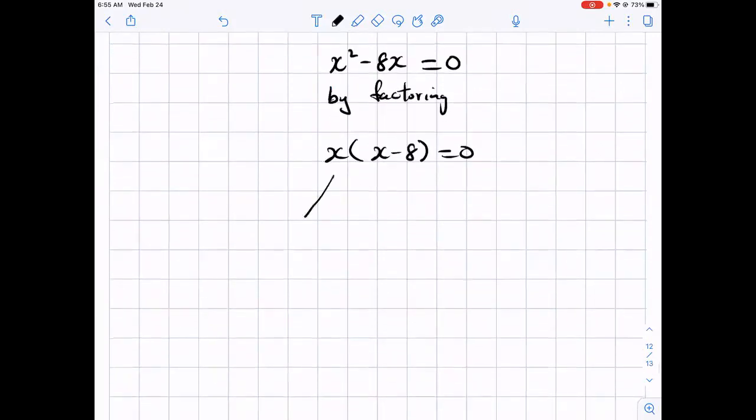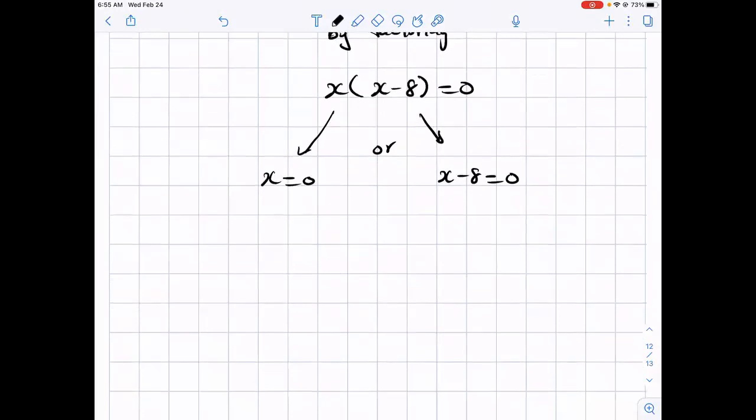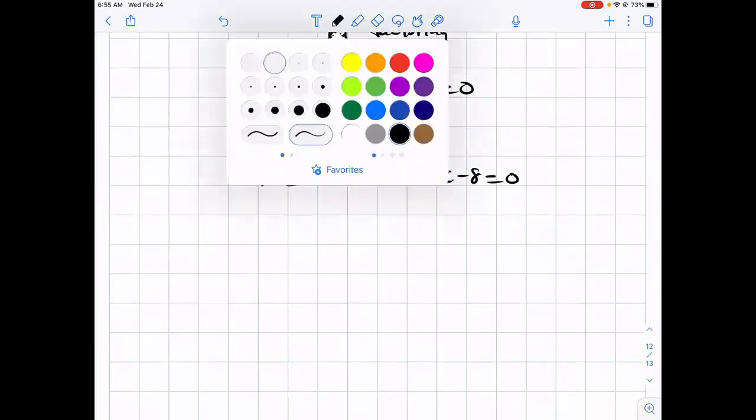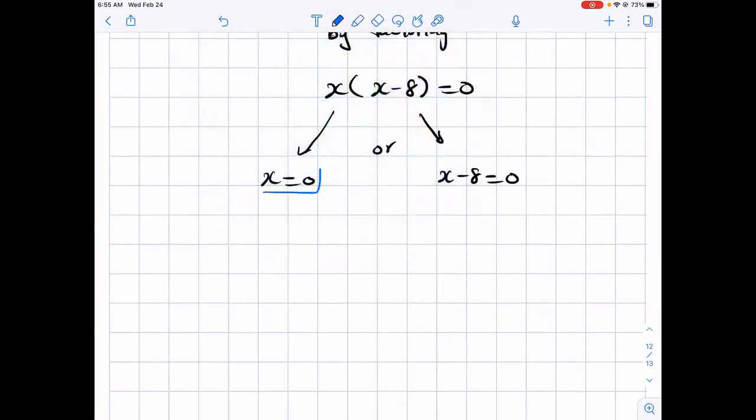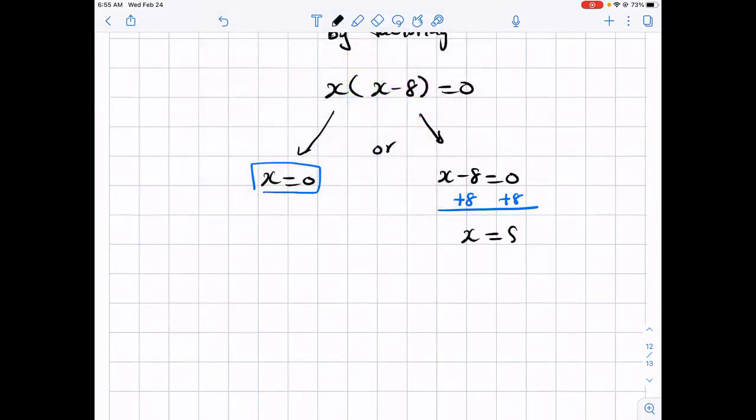So this means that x is equal to 0, or x minus 8 is equal to 0. Well, this one is already equal to 0, so we have to check, but now we add 8 to both sides, and we have x is equal to 8.